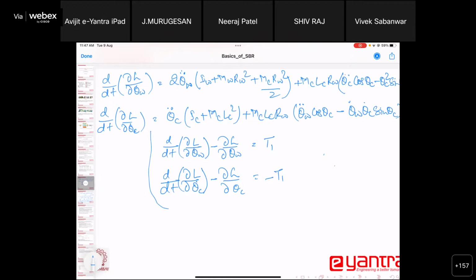Now you get these two expressions. You can find out theta C double dot and theta W double dot. So I'll write those expressions.